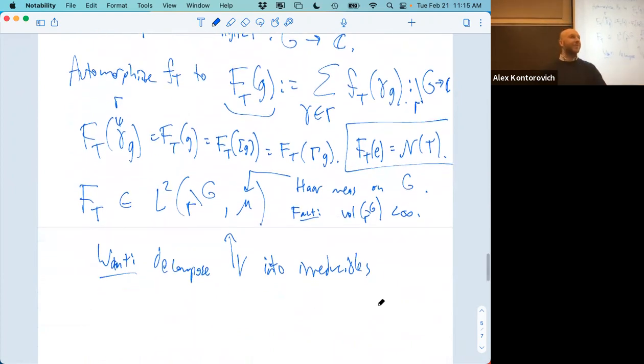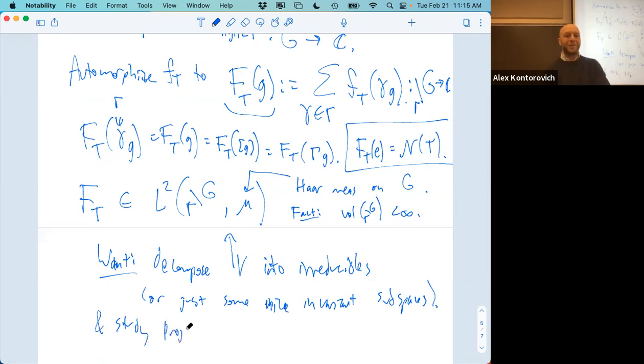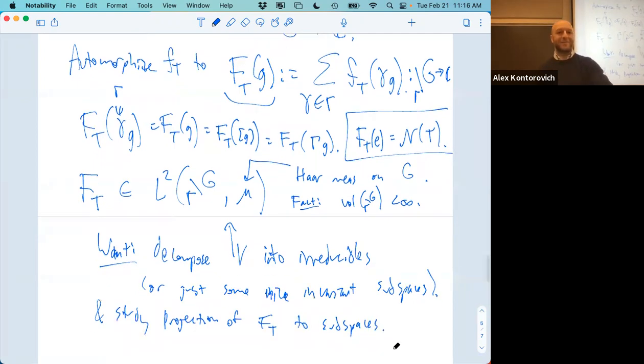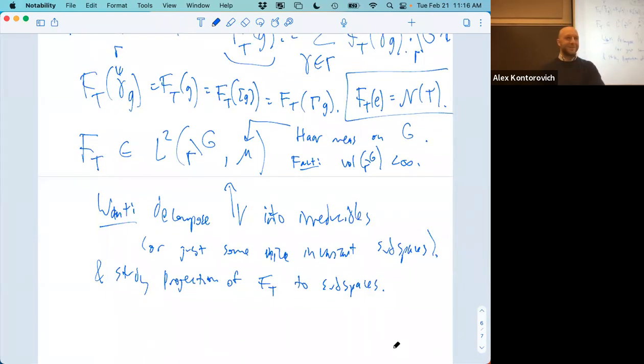Maybe just pick off some nice invariant subspaces, and project and study the projection of F_t onto those subspaces. That should tell us something about how many points there are in SL2Z.